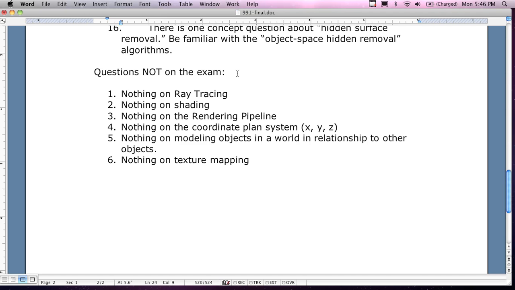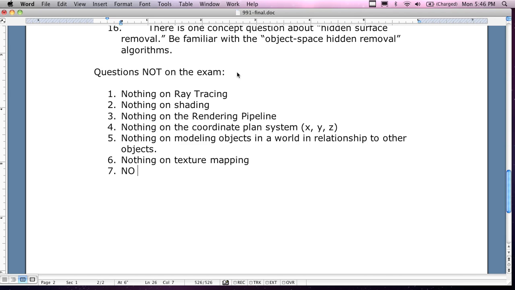Nothing really big on transformations either. One question on the matrix, but nothing on, there's a matrix related question, but there's nothing really on the concept of transformation. Well, there's a basic question on transformation, but not like a technical question.